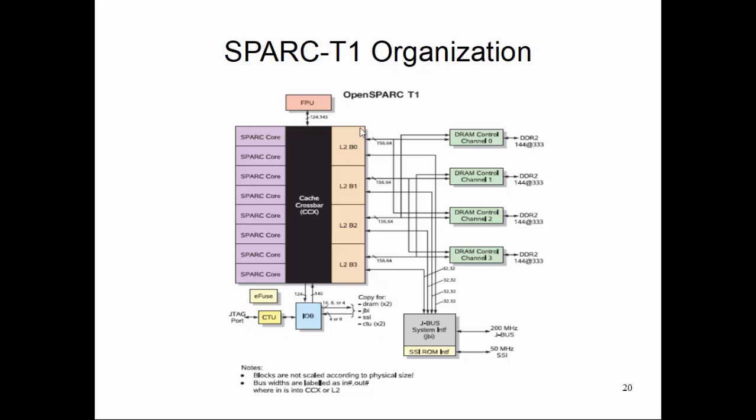What is important is to look at this SPARC core system: multiple cores, 8 cores, and if each of them has 8 hardware threads, then it gives an illusion of 64 processors running in parallel. That's the beauty of the SPARC T1 organization.